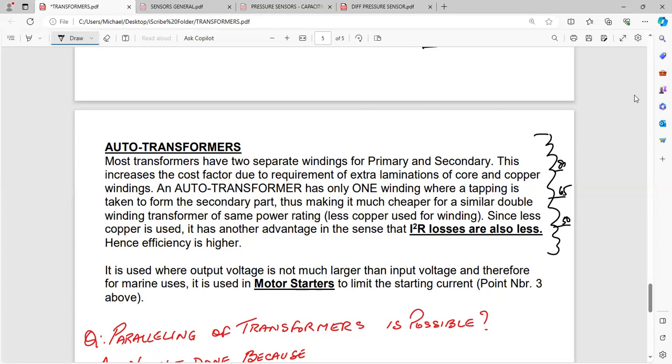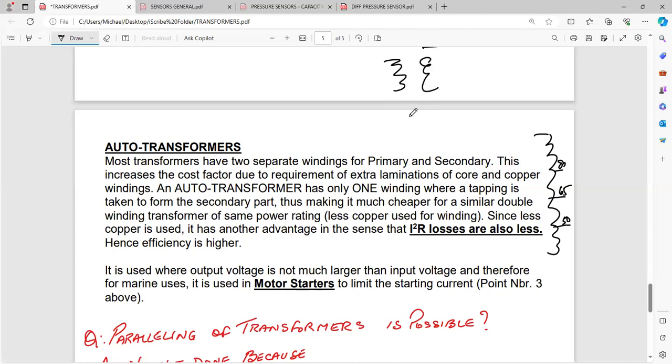there is a big advantage apart from a disadvantage, in the sense that your particular starter panel becomes big because you're using this auto transformer. The cost also goes up. There is an advantage in the sense your I squared R losses are less. Why are I squared R losses less? In your normal transformers, you're having a primary and a secondary.